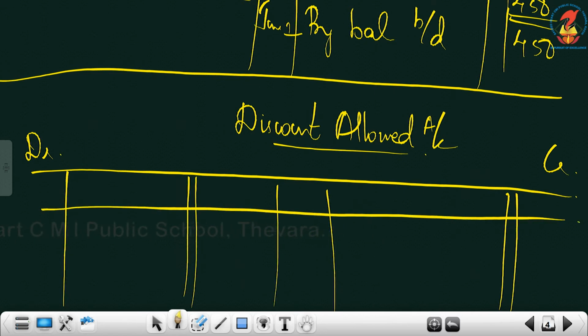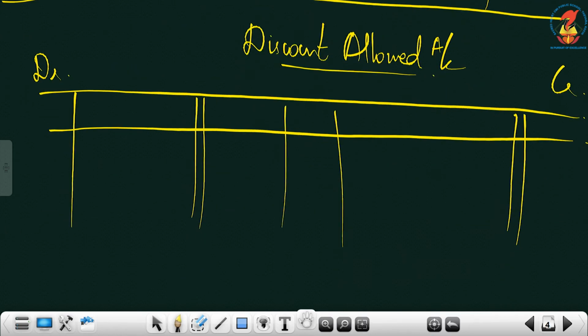Okay, discount allowed account. It is written in that compound entry on May 20th and discount allowed is getting debited there. So we have to write on the debit side. What should we write? The name of the other account which is having the opposite aspect.